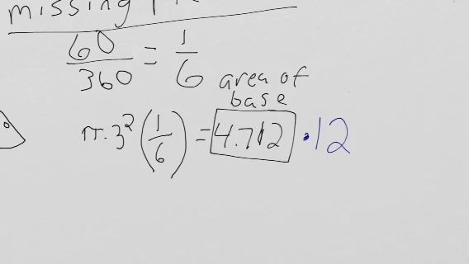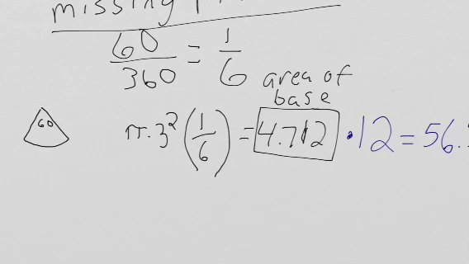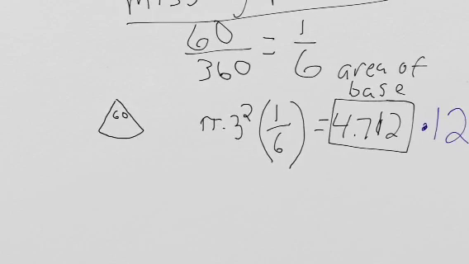So do that now, and we get 56.5. I'm going to round it to 56.55. Okay. So that's the whole volume of that missing piece.